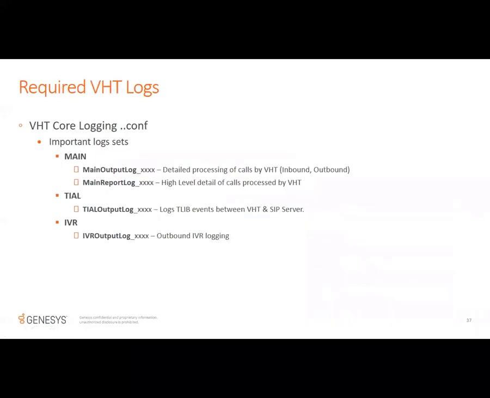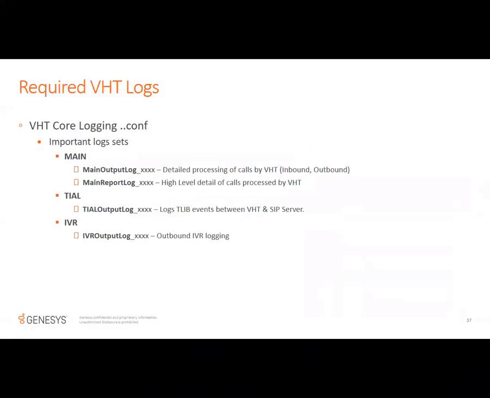Some of the main important log sets that we would ask, or that we look for in VHT, are the main, tile, and IVR. So the main output logs, that's basically the entire life of processing of any call, and that's for both inbound and outbound.